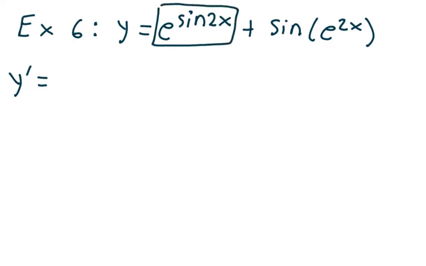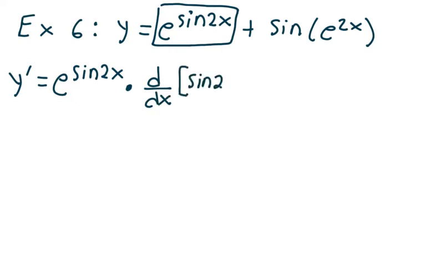So let's take a look at that first term. So I'm going to get e to the sine 2x. So remember that the derivative of the outer function, we're looking at the exponential. So we're going to take e to the sine 2x. We're going to multiply by the derivative of the inner function. The inner function is sine 2x. And then I'm going to go plus.